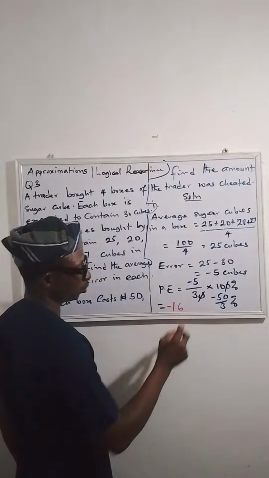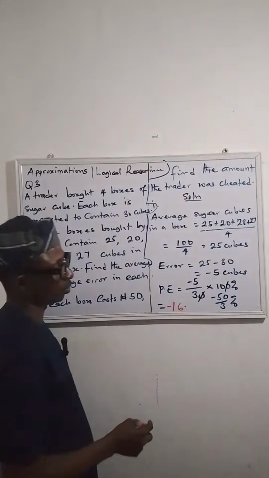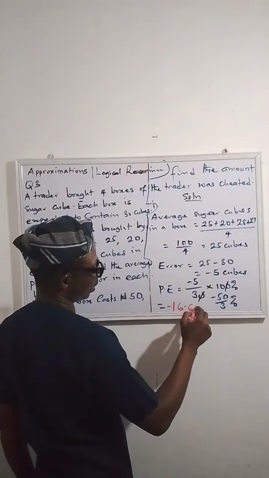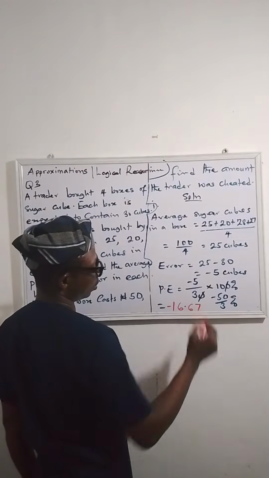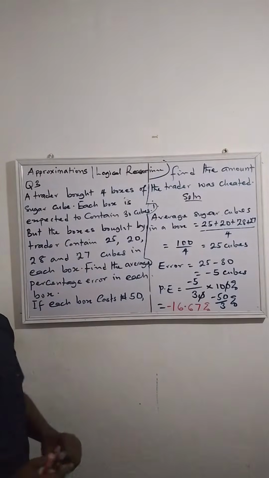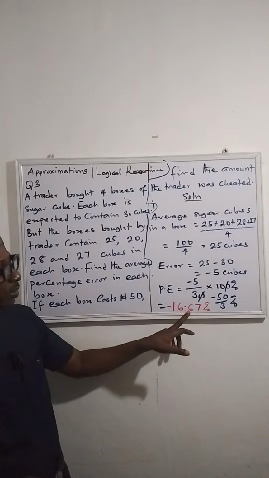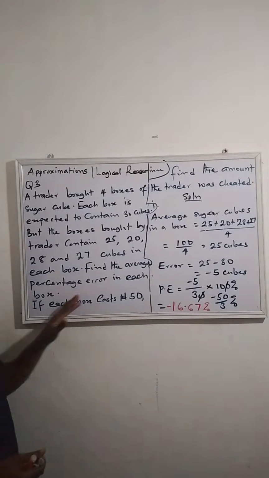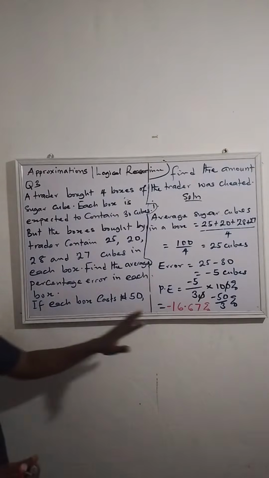It remains 2. So you put 0 at the back of the remainder, which is 2. So you're having 6, 6, 6, and so on. So you can have 7%. So now the percentage error is -16.67%. So that is the first part of the question. I want to believe you all get that.